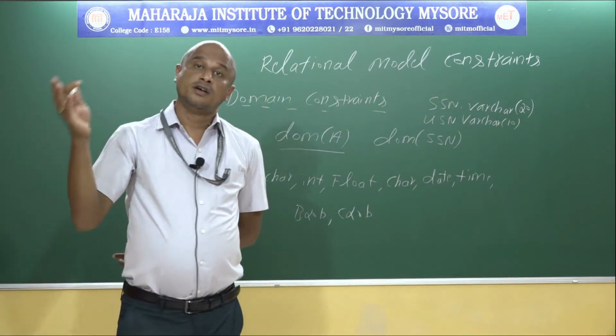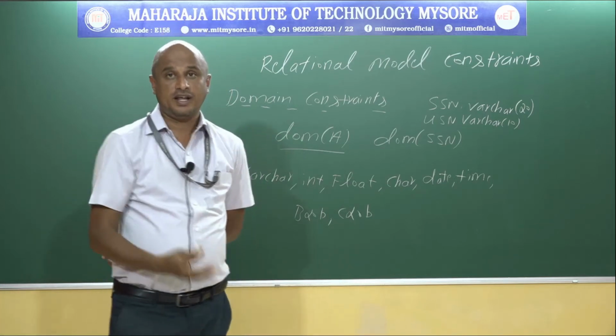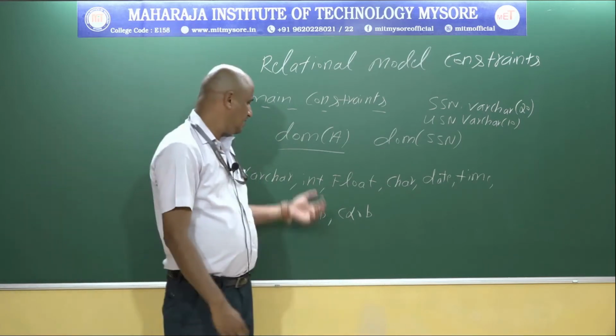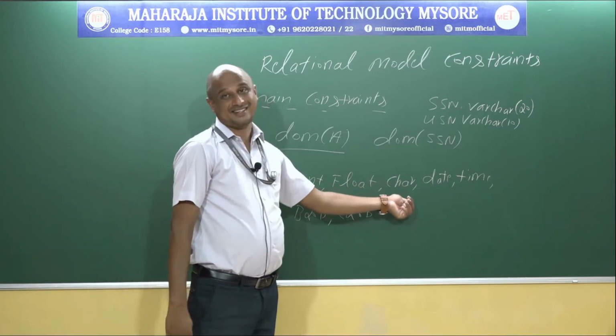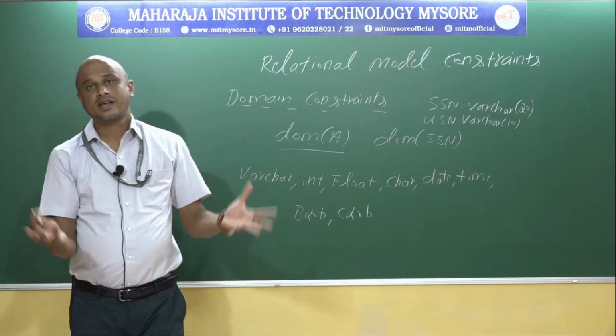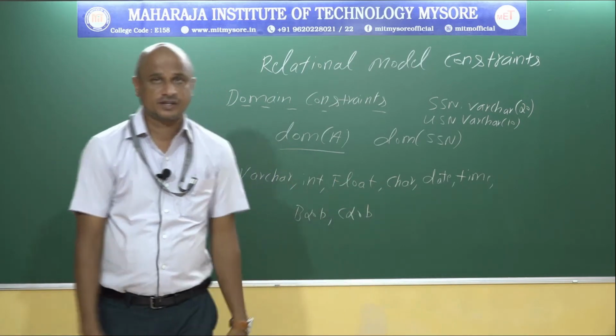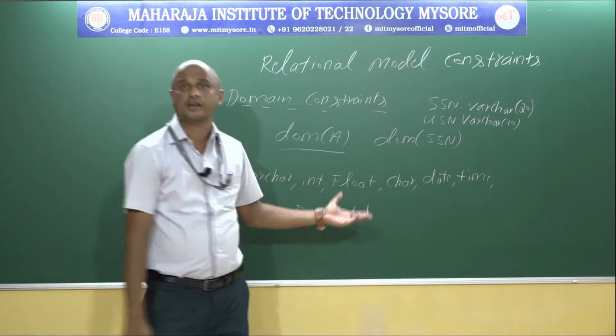I can define this. If, for example, I want to define a name, I go with the domain of the attribute name. Name has only characters, so it can be defined with character of some length. If you want to define salary, you can go for float.